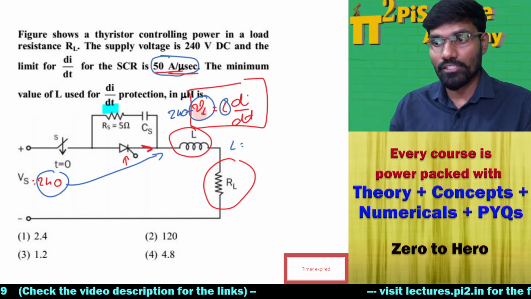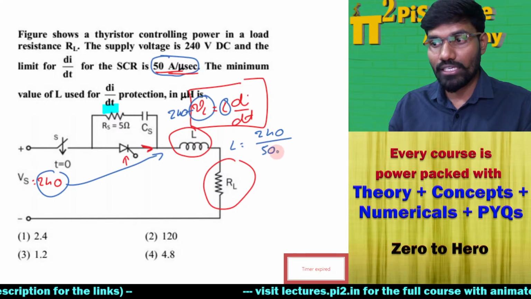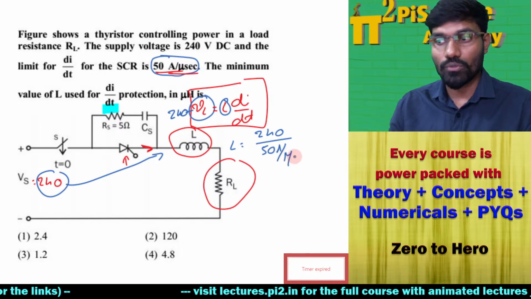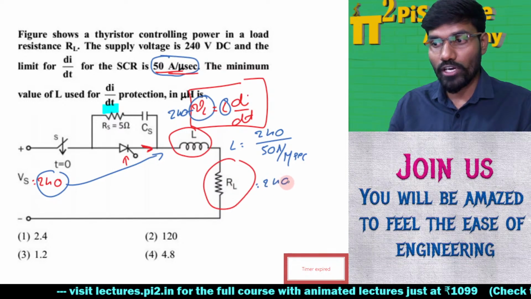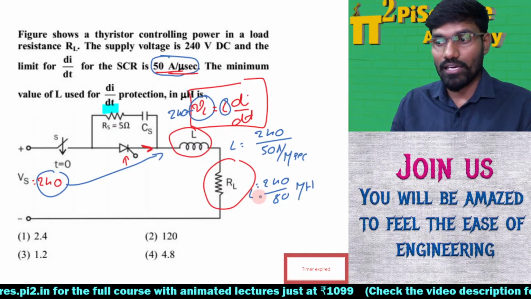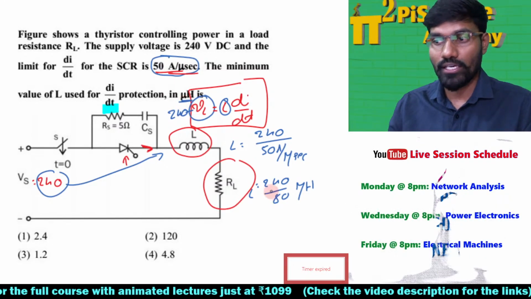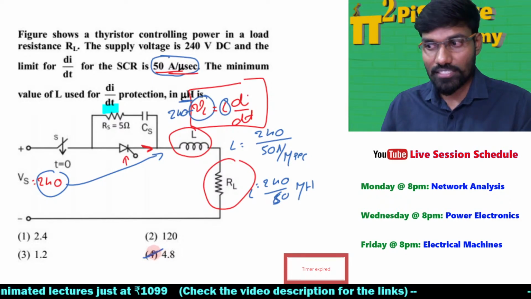So L is equal to VL divided by di/dt, that is 240 divided by 50 ampere per microsecond, so 240 by 50 microhenry is the L value. It is asked in terms of microhenry, so if you do 240 by 50, you should get this.